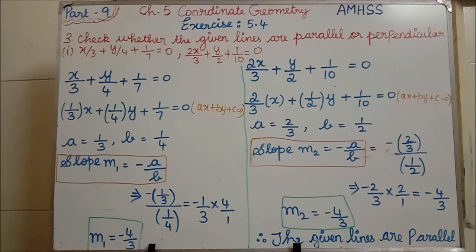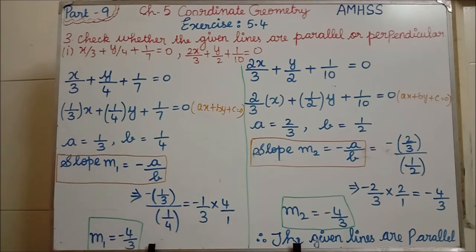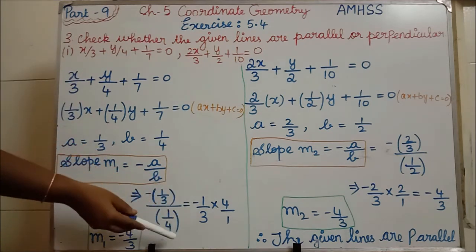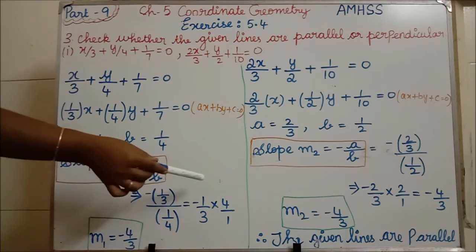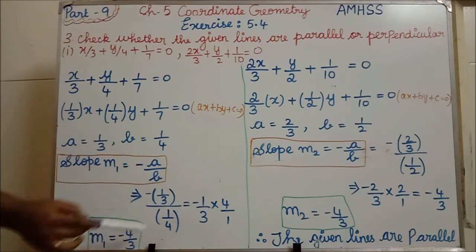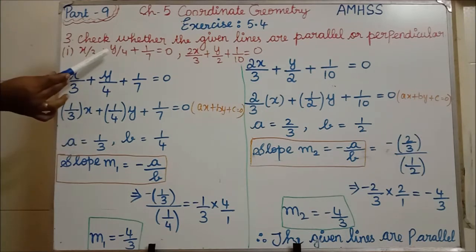Students, I have told you many times, if there is a division of fractions, what do you have to do? The denominator part will become its reciprocal. Clear? Minus 1 by 3 into 4 by 1 it will become. So minus 4, 3 into 1 is what? 3. So m1 is equal to minus 4 by 3. Clear all of you?